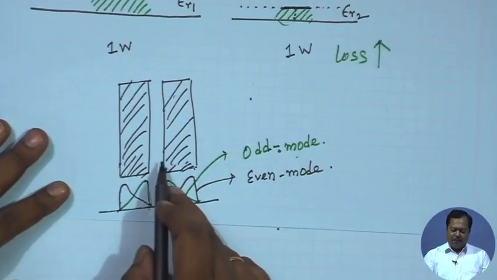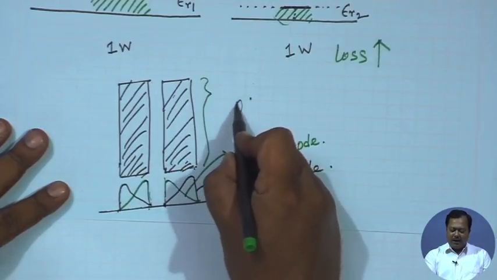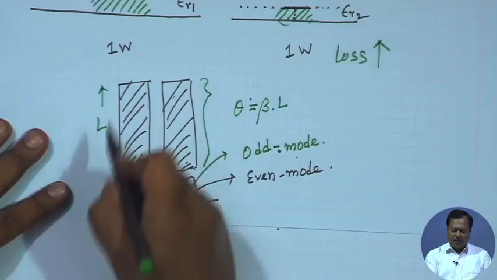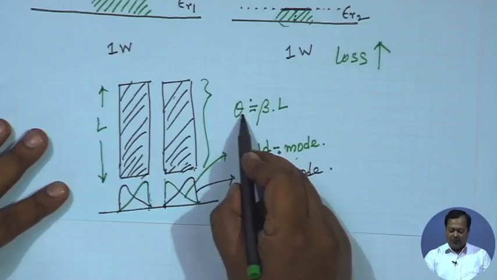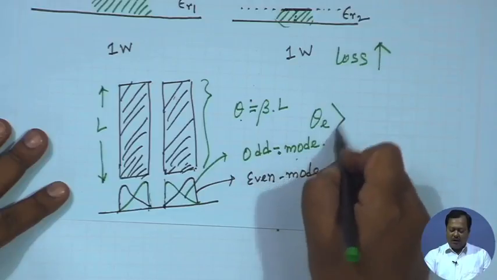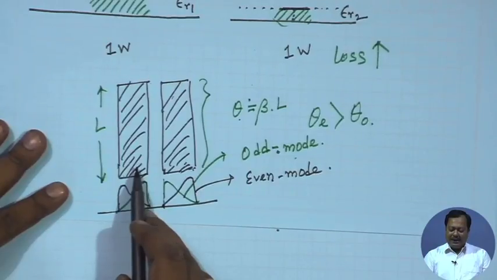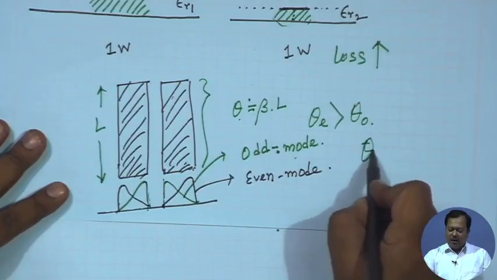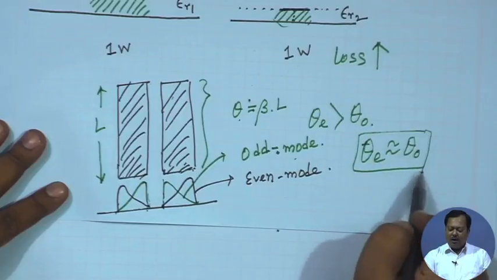Now, what we have seen is that for a given length, the equivalent electrical length theta, which is beta into L, where L is the length of this strip, will be higher for even mode excitation. So, theta E is more than theta O. If we can increase theta O so that theta E becomes equal to theta O, in that case we can avoid dispersion.